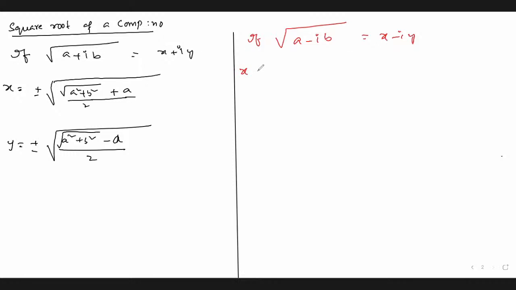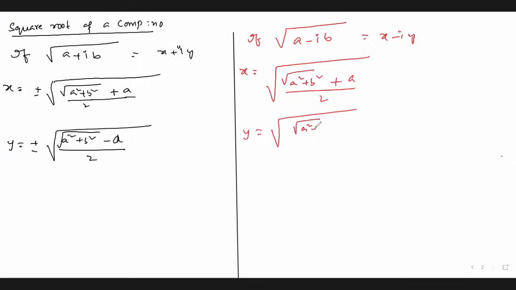So x is equal to the square root of the square root of a square plus b square plus a by 2, and the y value is equal to the square root of a square plus b square minus a by 2.